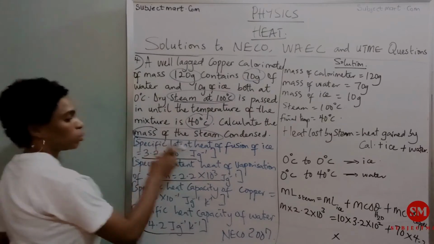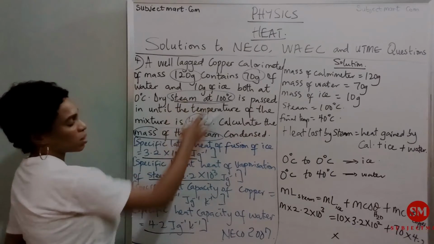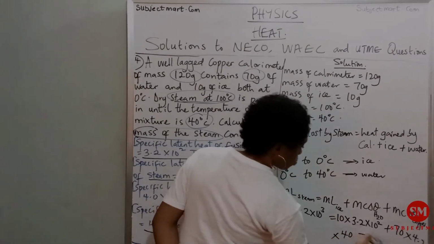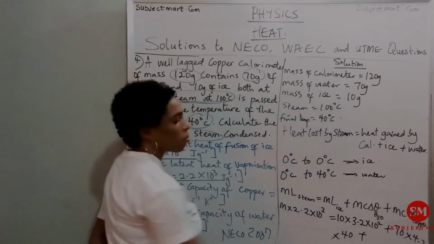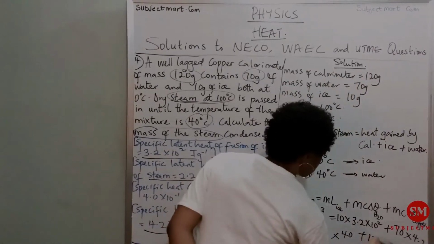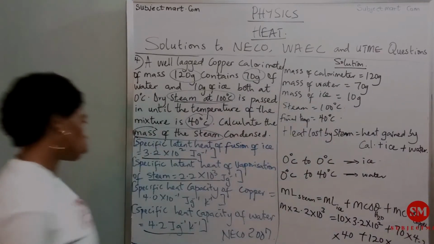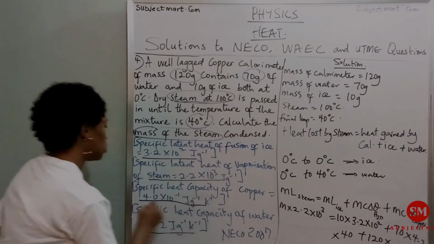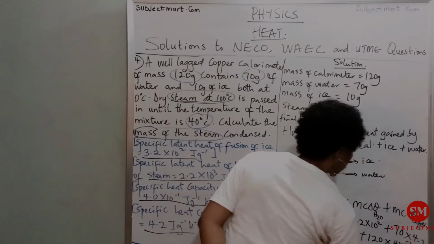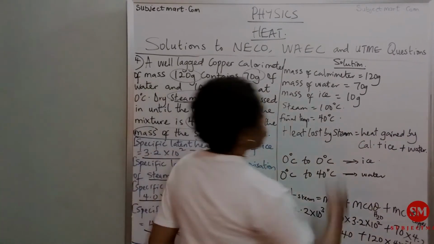The water changed from 0 degrees C to 40 degrees C after the steam has been passed. So the change in theta is 40, plus the mass of the copper calorimeter, which is 120 grams, times C, specific heat capacity of copper, which is 4 times 10 raised to the power minus 1. The change in temperature is that of water, which is 40.